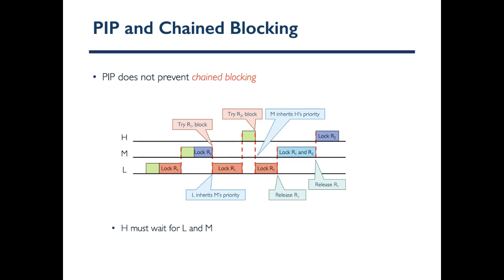If there is anything in between them, M is not going to wait for this medium one. So in that sense, PIP has prevented M from waiting for anything in between M and L. The same way for H and M, if you have anything between H and M, any task with priority, let's say M and a half, whatever, I'm just making it up, like medium-high priority. So again, PIP is preventing H from waiting for this medium task between M and H. So in that sense, it's preventing that.